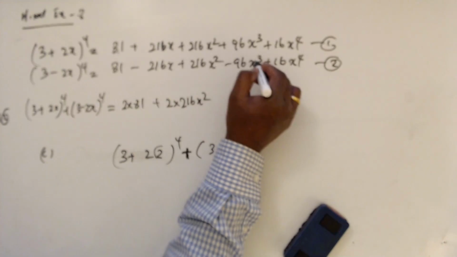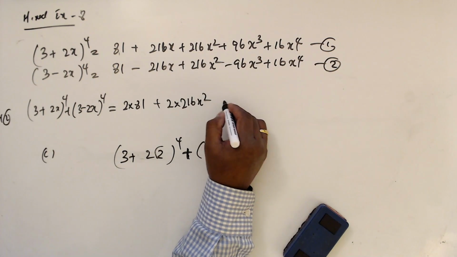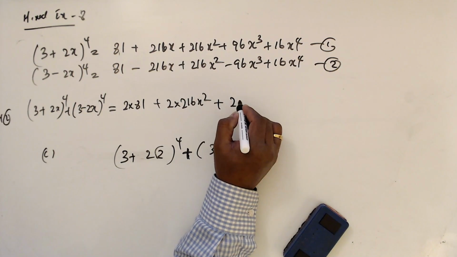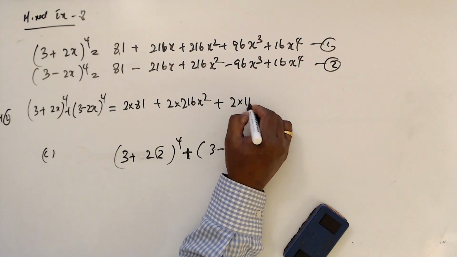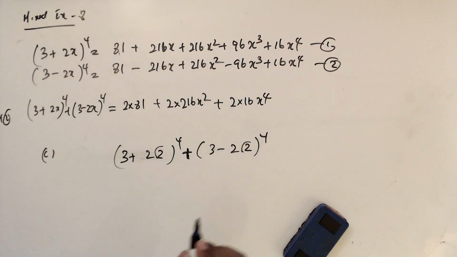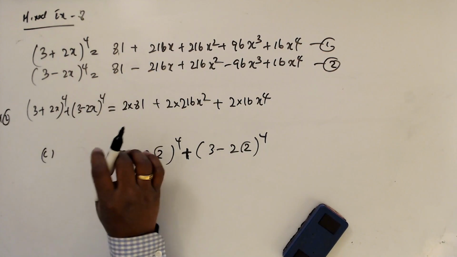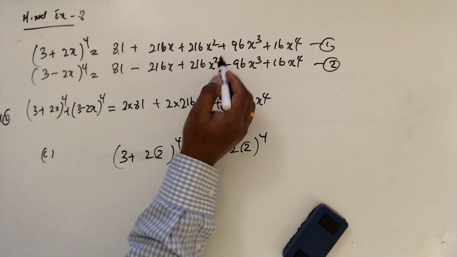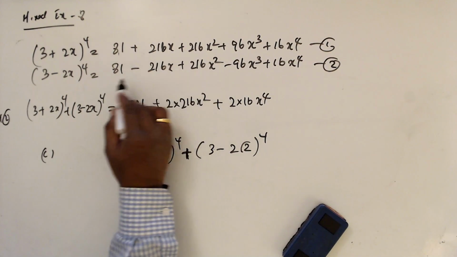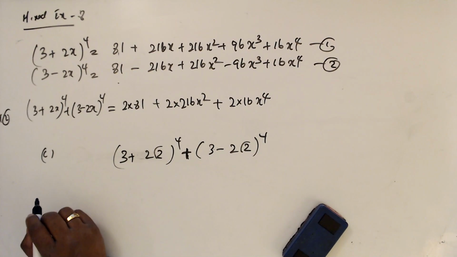And then these cancel out, plus and minus again. And this is 2 times 16x⁴. So when I add those two together, those cancel out and only 3 terms remain.